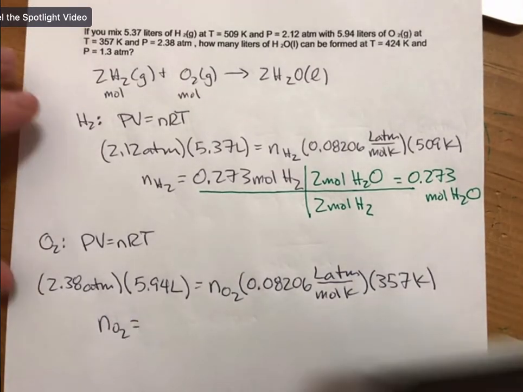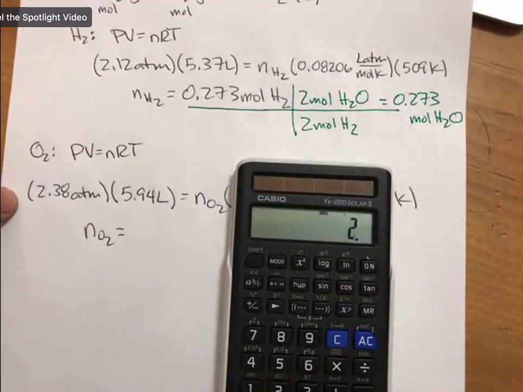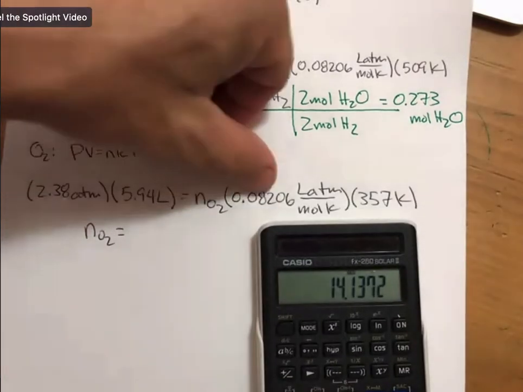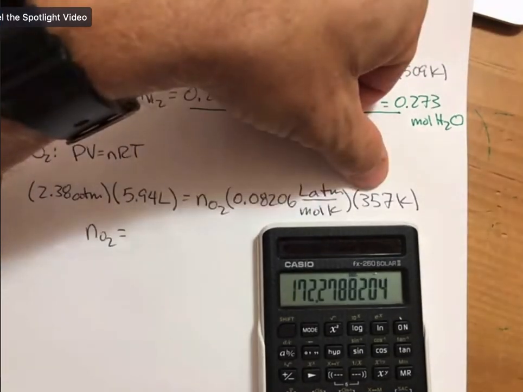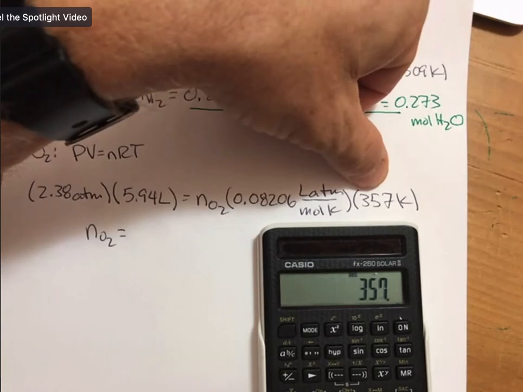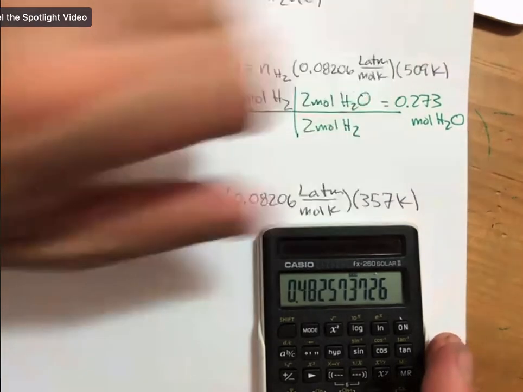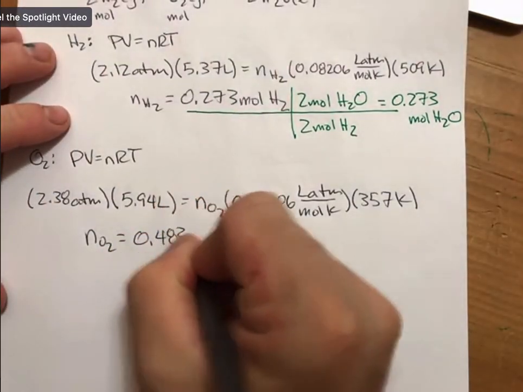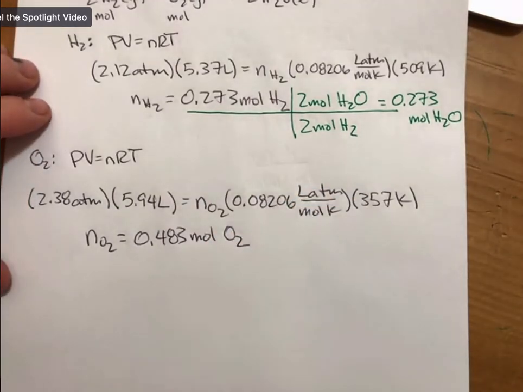And rearranging this, 2.38 times 5.94 divided by 0.08206 divided by 357, 0.483 moles of oxygen.